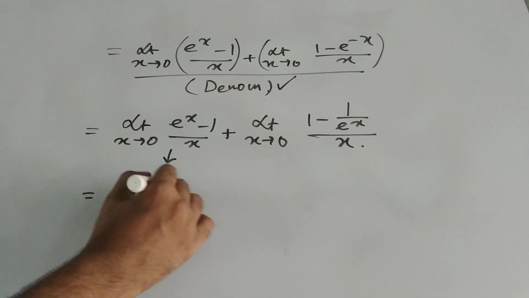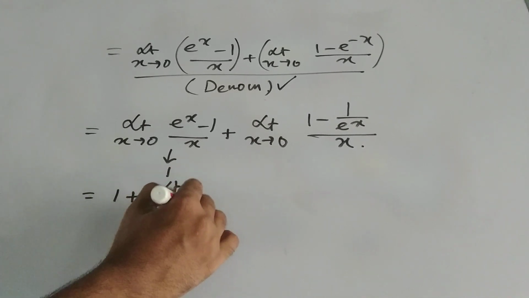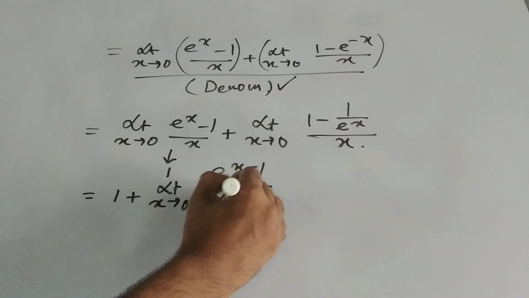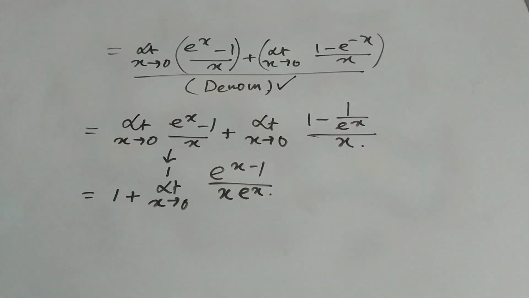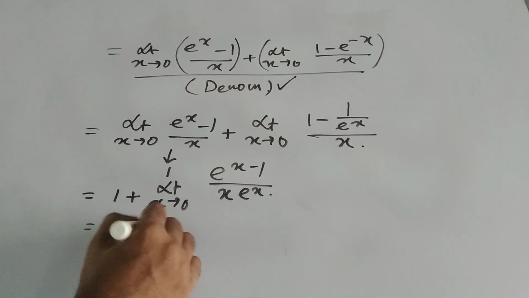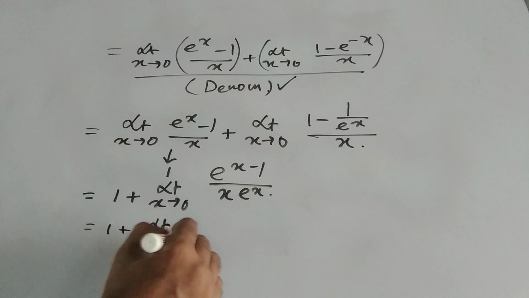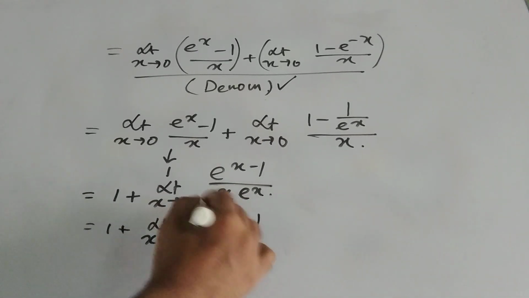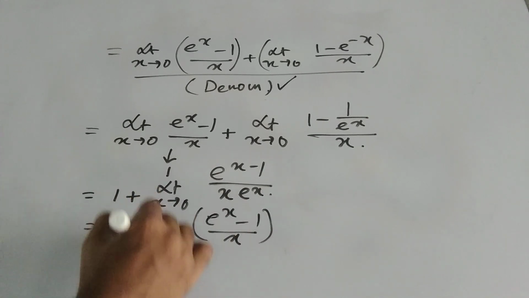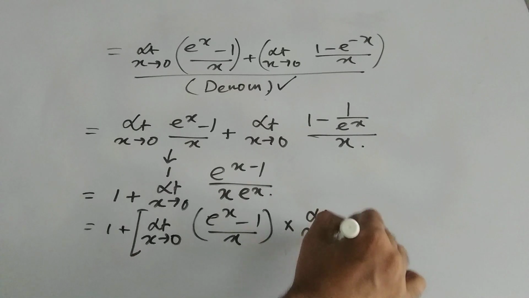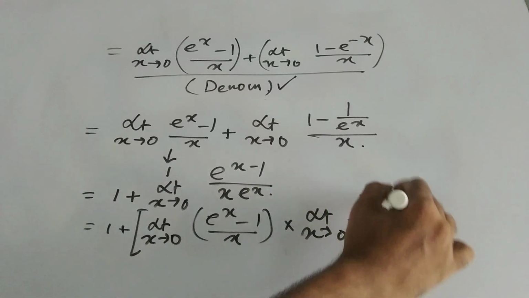So this is limit x tends to 0, 1 plus limit x tends to 0, e to the power x minus 1 by x e to the power x, right? So I can write it as 1 plus limit x tends to 0, e to the power x minus 1 by x, right, into limit x tends to 0, 1 by e to the power x.